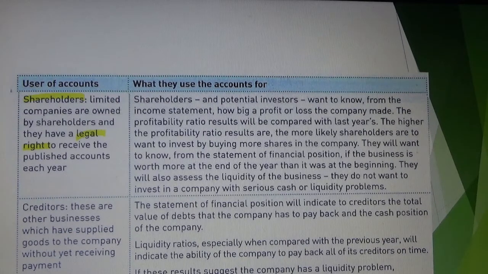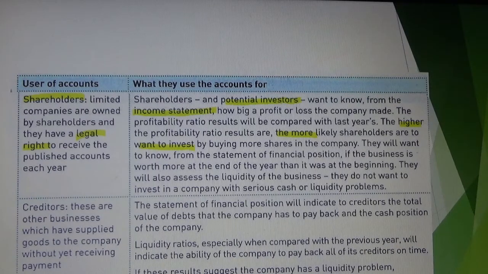The shareholders and potential investors, remember they are potential investors, want to know from the income statement how big a profit or loss the company made. The profitability ratio results compared with last year's, and the higher the profitability ratio results are, the more likely shareholders are to want to invest by buying more shares in the company.